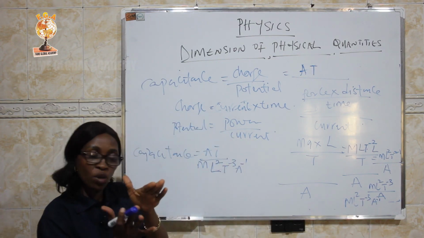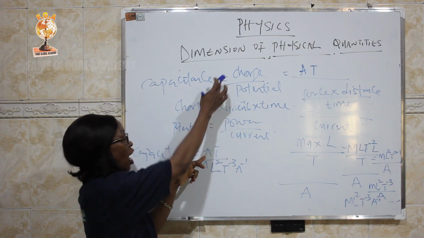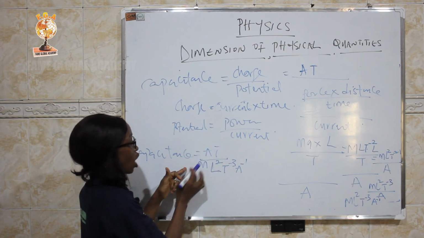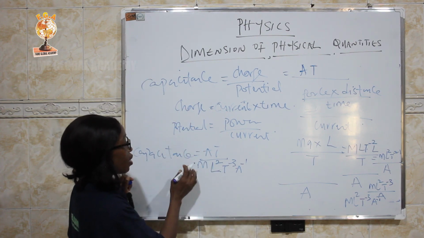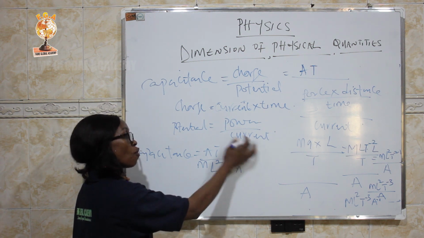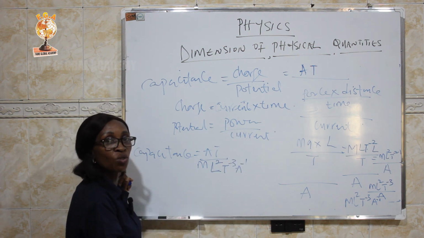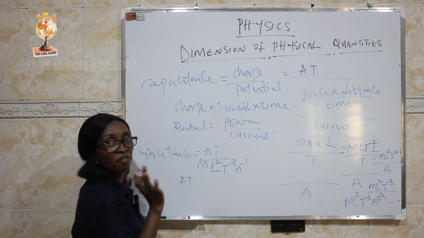If I combine it together, capacitance is AT, which is charge, over potential, which is this. Now remember I said whatever is down has to move up, and if it's a positive sign, it changes to a negative sign. Now AT is still up, nothing is affecting it.